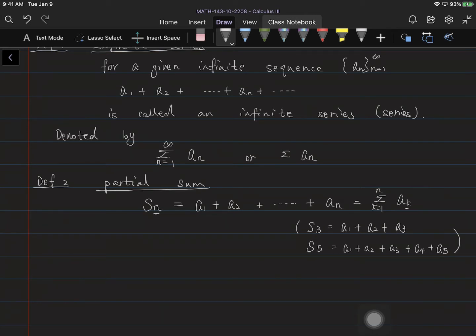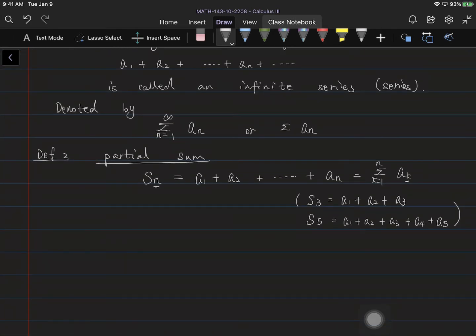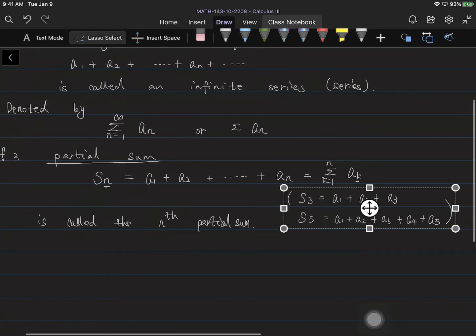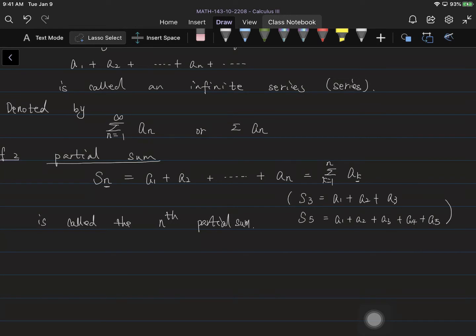So for the index here we use k because we want this to be different from the n here, okay? Because we have Sn. This is called the n-th partial sum. So on the right side, you can see the third partial sum, fifth partial sum, right?